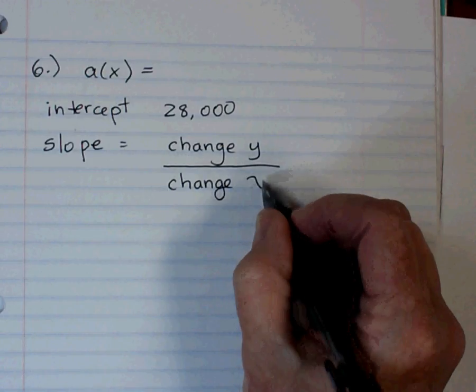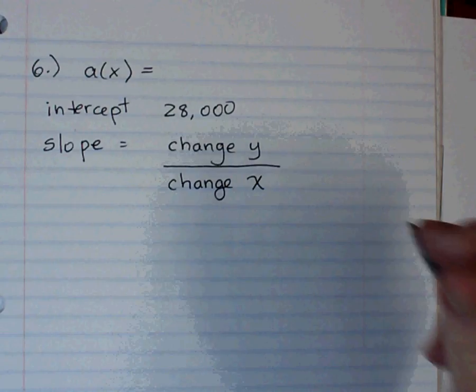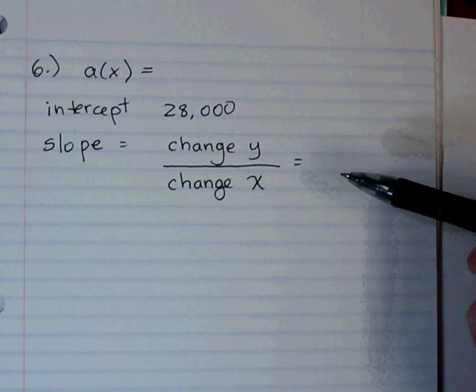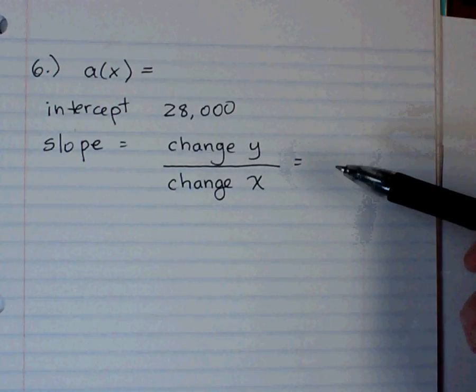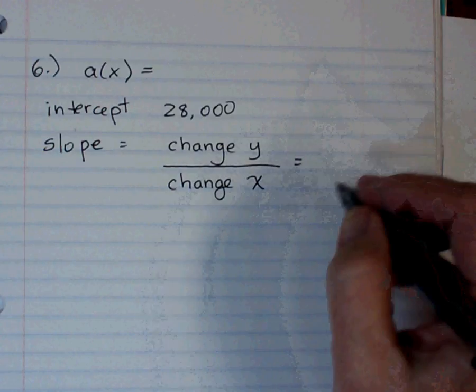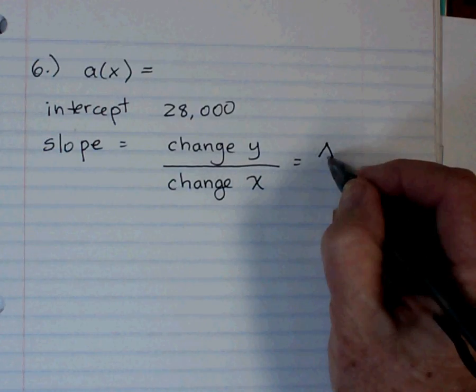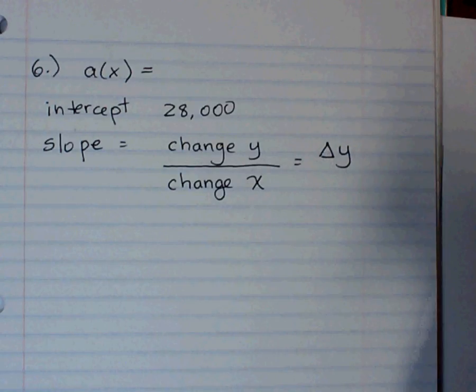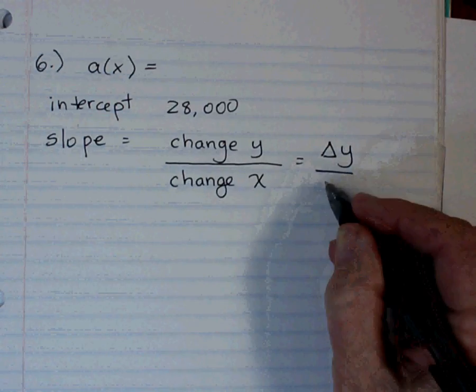Remember this, okay? So you want to have that in your notes. But usually in math, mathematicians don't like to write a lot of words. In math, you don't have to write it. That's why I did it. So change in y, delta y, it's a Greek letter, delta means change.